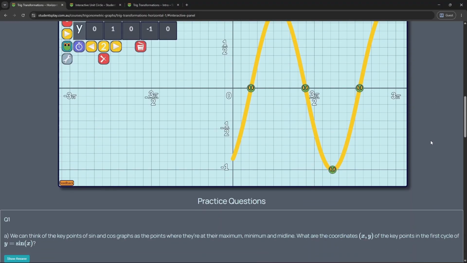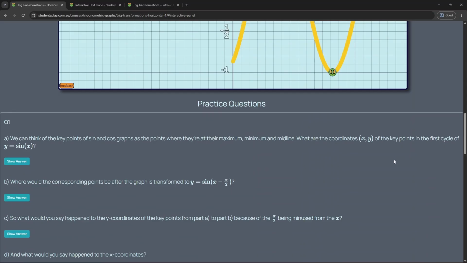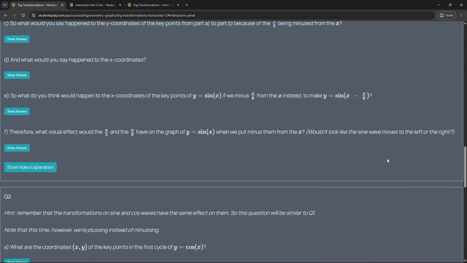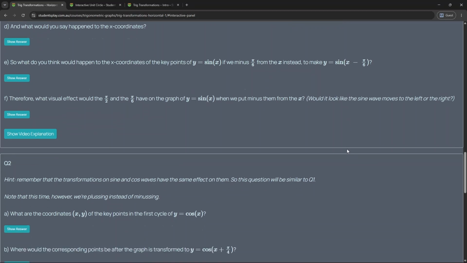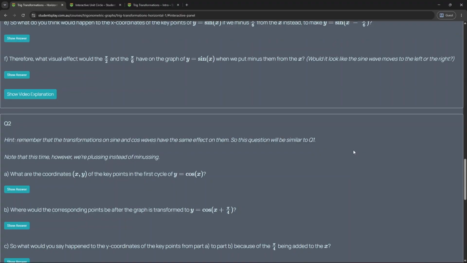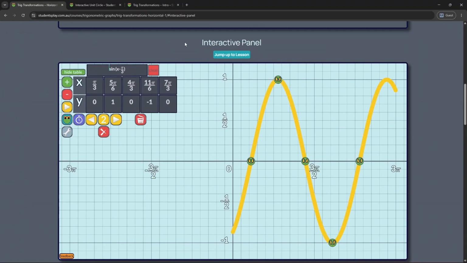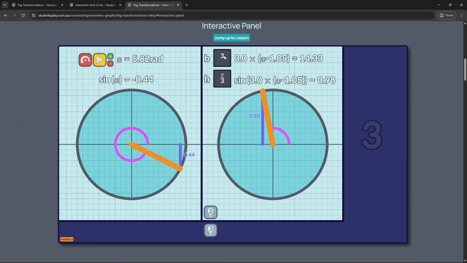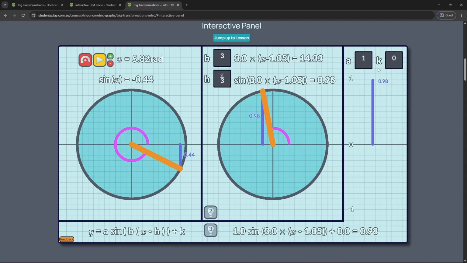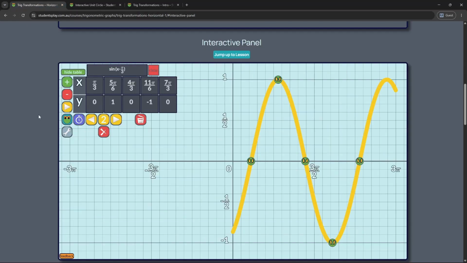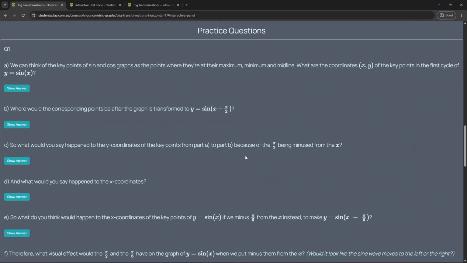For now, I want you to go and try these practice questions down here, because if we really get super confident with these individual parts one by one, even if maybe to some of you it seems like it's going a little bit slow, if you really master it, once we get onto the next parts, and especially when we start combining them all together, so we're going to have combinations of all the transformations. So we're going to have a value for B, a value for H, and then also a value for A and K. There are 4 things going on at once, and you get something complicated like this. And so by that point, it's going to be great that we've gone so slow and really mastered these points.